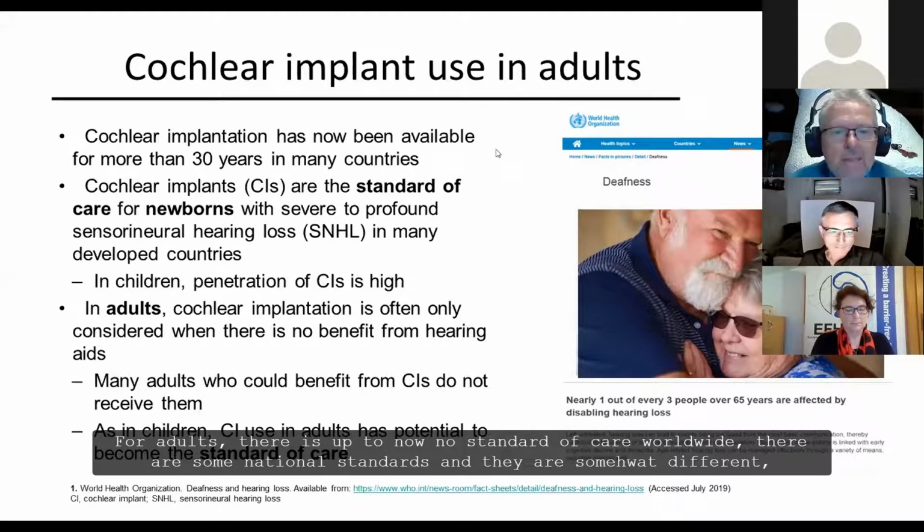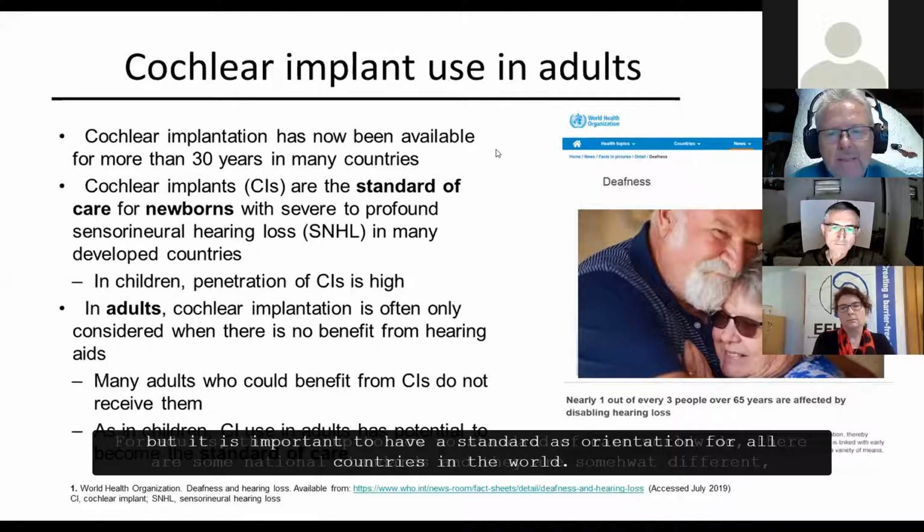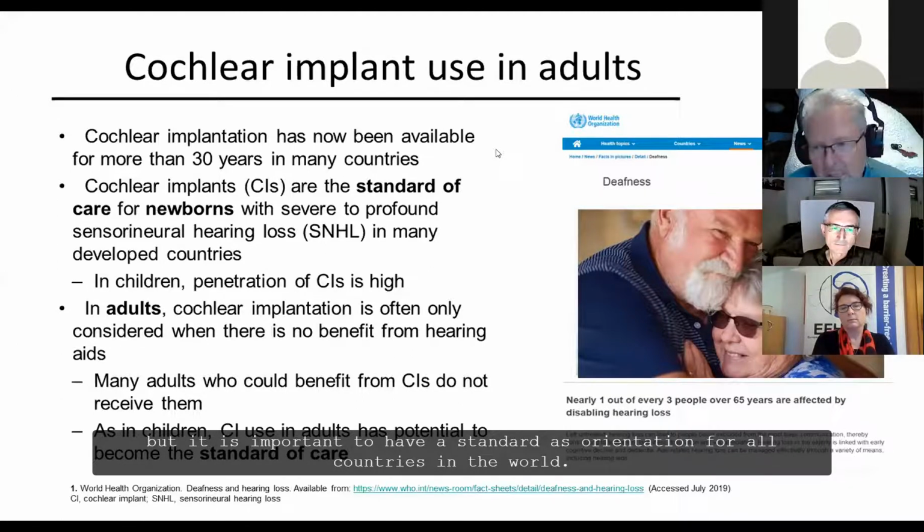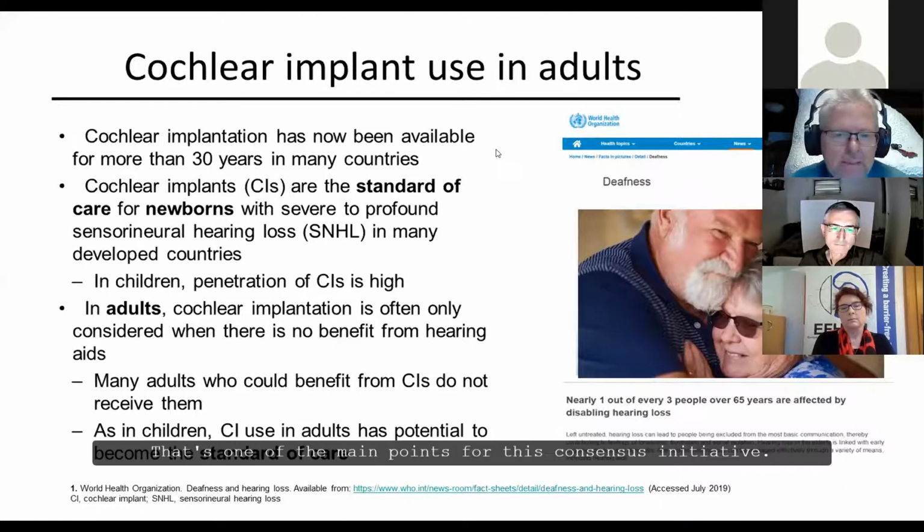And for adults, there is up to now no standard of care worldwide. There are some national standards, and they differ, but it's very important that we have a standard as orientation for all countries in the world. That's one of the main points for this consensus initiative.